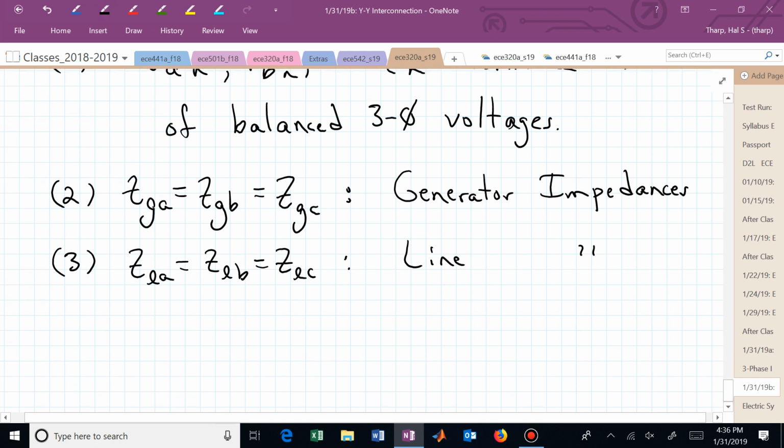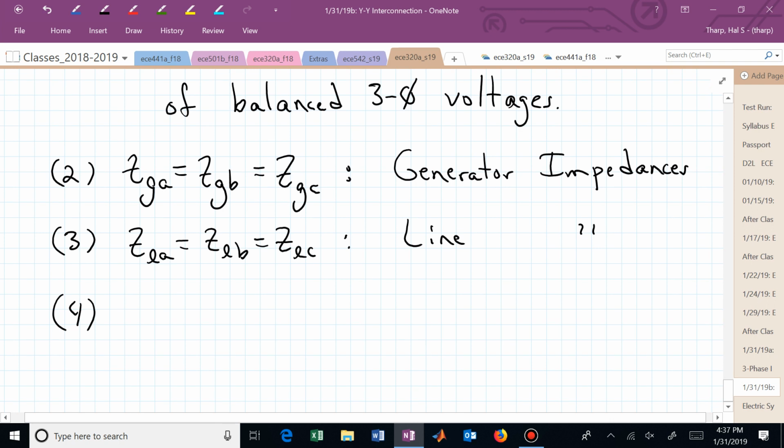And you can see then that I abbreviate that without including the transmission line. I just say line impedance. And finally, the fourth property or constraint for this to be a balanced circuit is for our load impedances to all be the same. We need Z sub capital A to be the same as Z sub capital B to be the same as Z sub capital C.